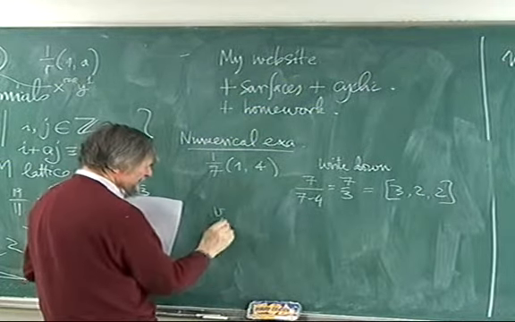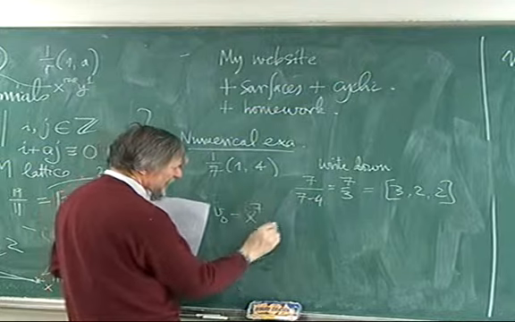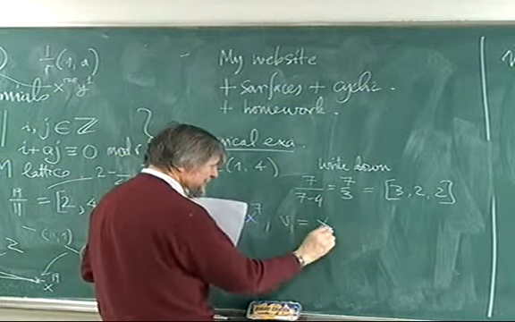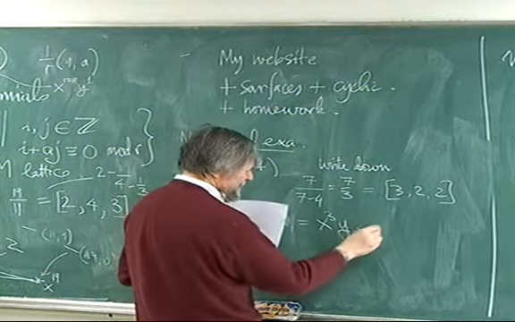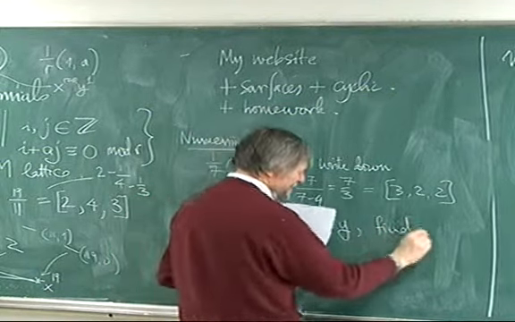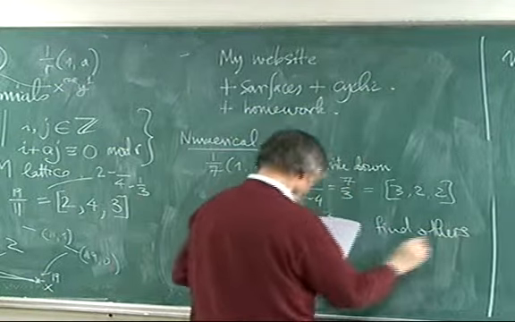Write down V0 equals x to the 7th, V1 equals x cubed y, and find the others and all the relations.